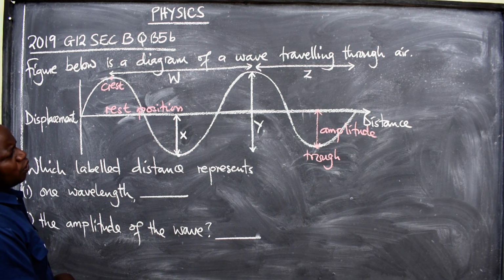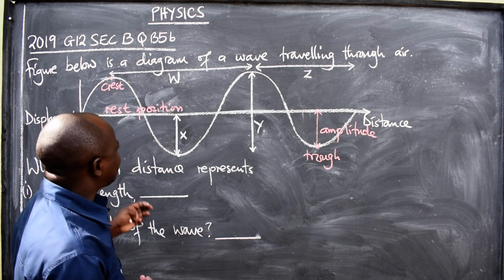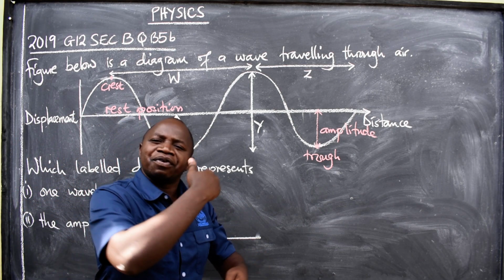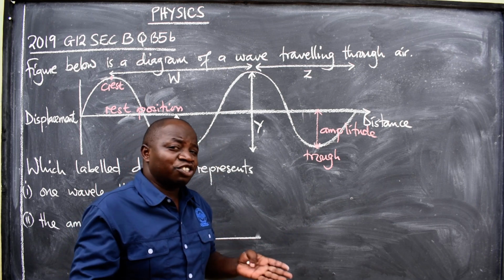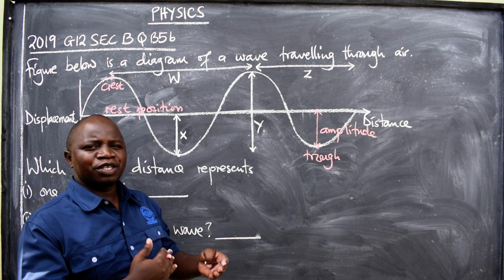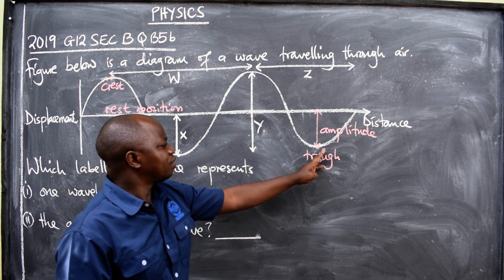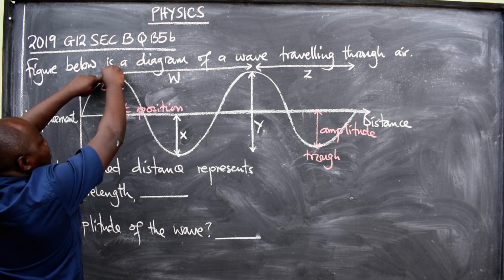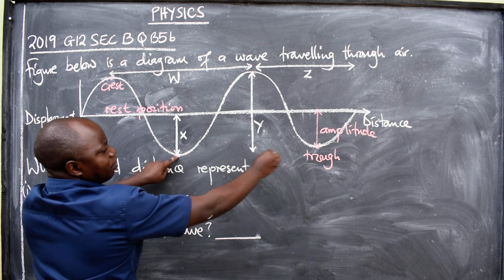We also have the distance that this wave has covered before it is repeated. In another way, I can say it is the distance between two successive crests or two troughs. Look at this. This is the first crest. The second crest is here. This is the first trough. The second one is here.